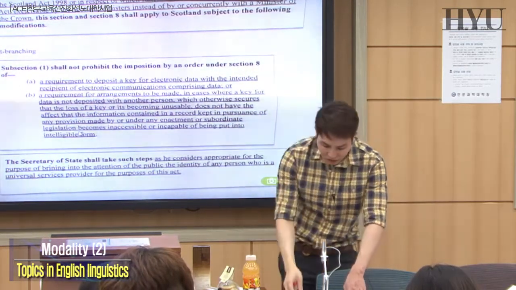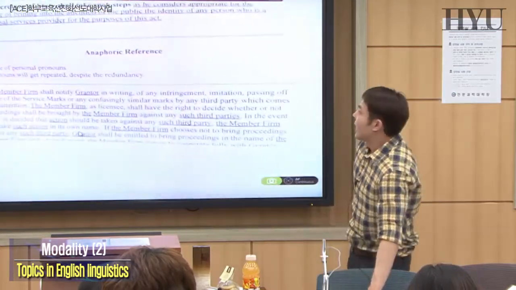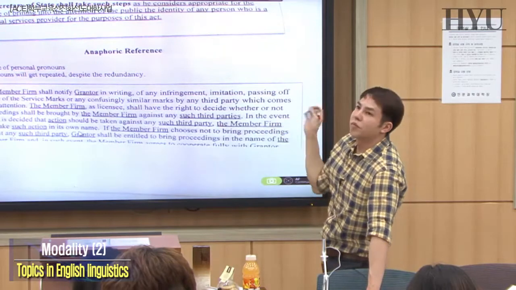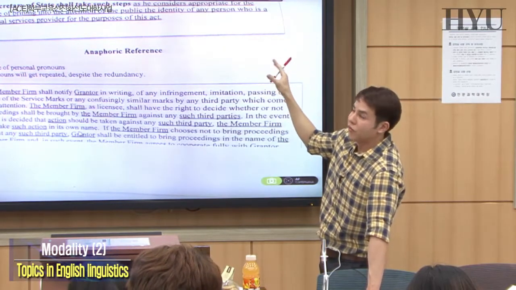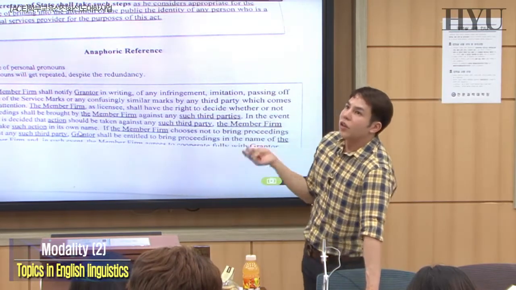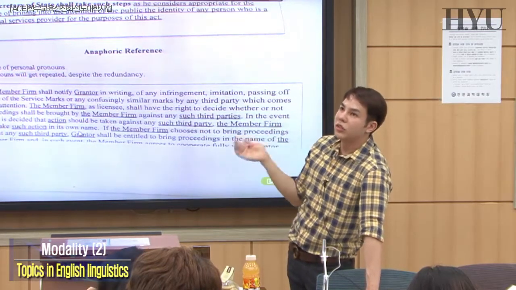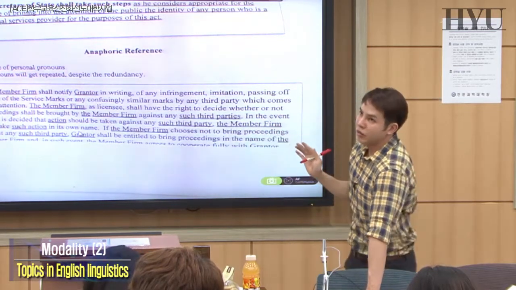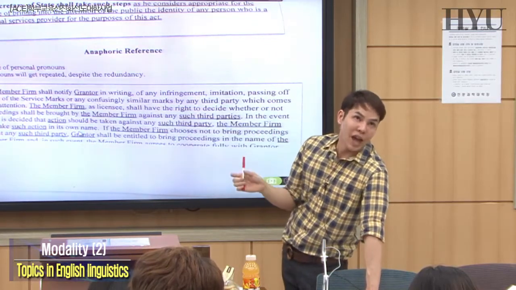And then finally, anaphoric reference has to do with the use of personal pronouns. Anaphoric, right? To refer. Reference is to refer. In legal writing, you don't use a lot of personal pronouns: he, him, they, us. You won't see those pronouns because legal language has to be precise, has to be accurate.